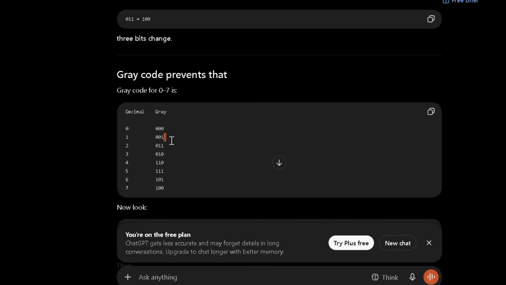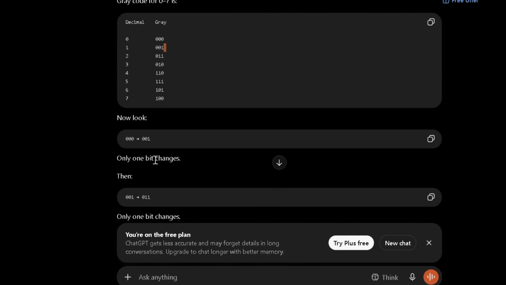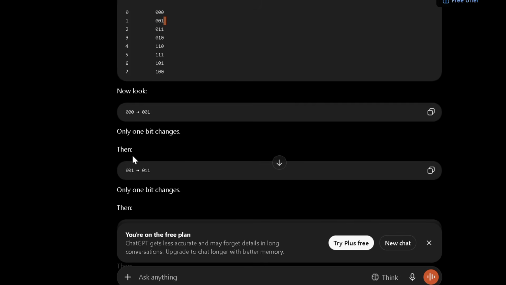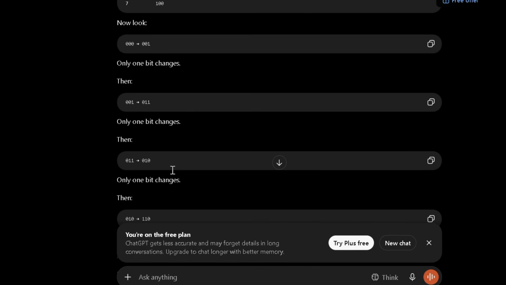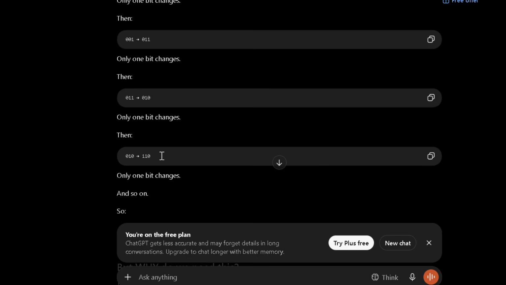Now look: 000 to 001, only one bit changes. Then 001 to 011, only one bit changes. Then 011 to 010, only one bit changes. Gray code adjacent numbers differ by only one bit.